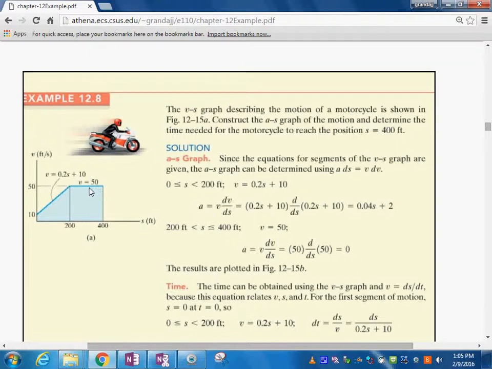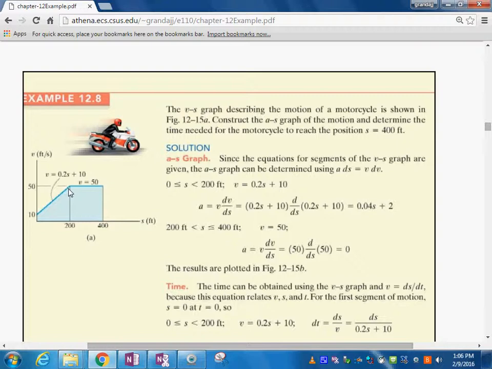Okay, so in this case you have v, which would be 0.2s plus 10, like this, and then the acceleration would be v times dv/ds.